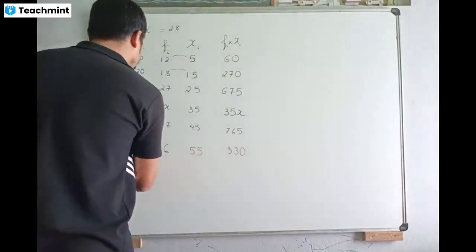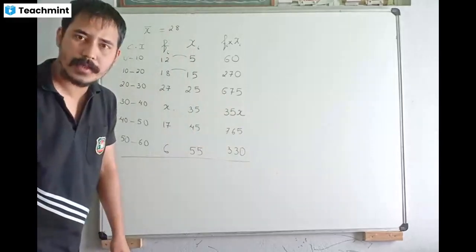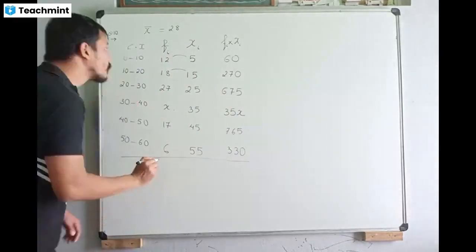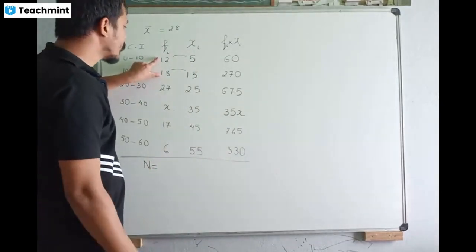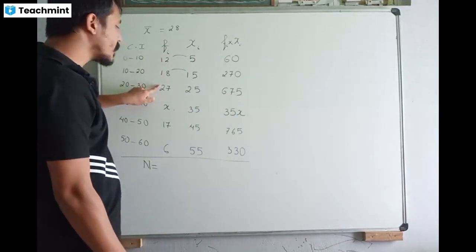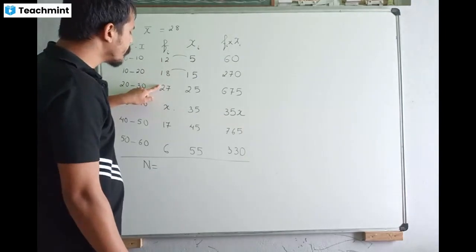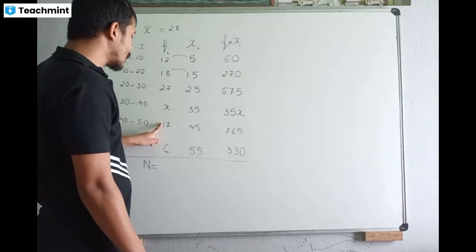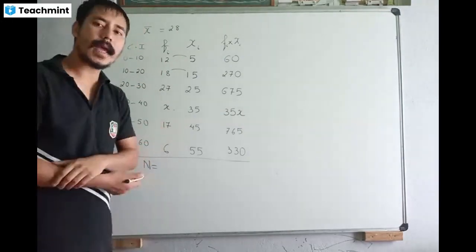Now let us calculate the number of items. Altogether, how many items are there? N. Let's calculate. 12 plus 18, 30. 30 plus 27, 57. 57 plus 17, 74. 74 plus 6, 80.